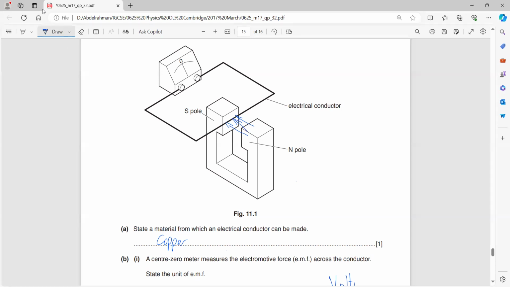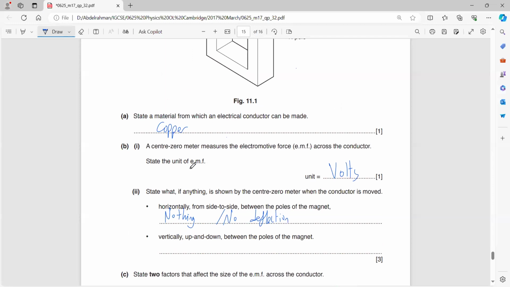So if you move the wire along the direction from north to south, no current will be induced in the wire.